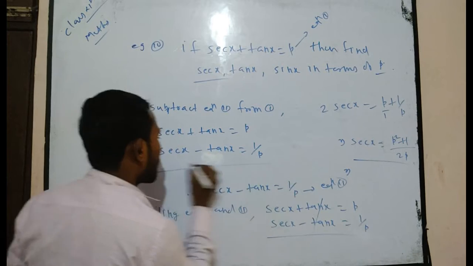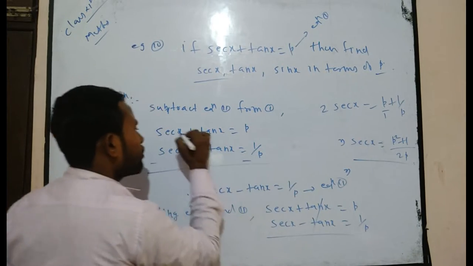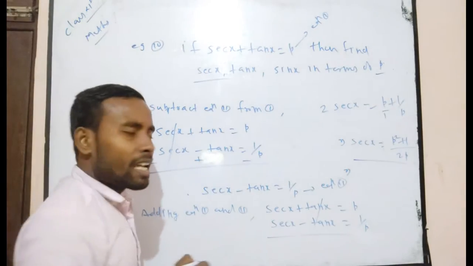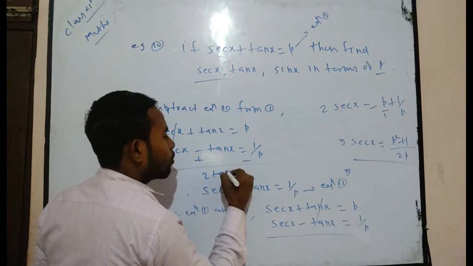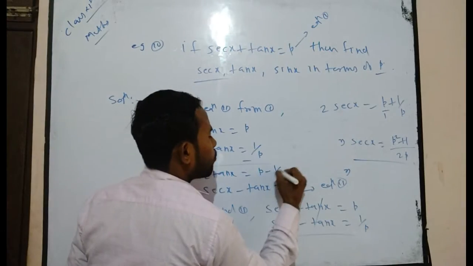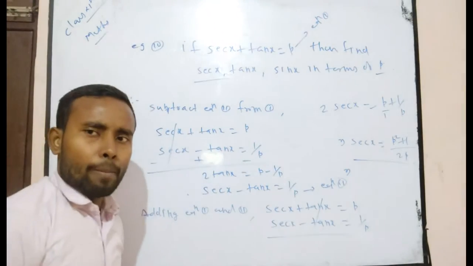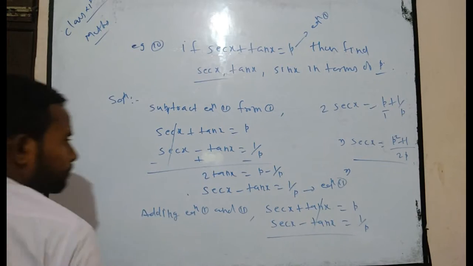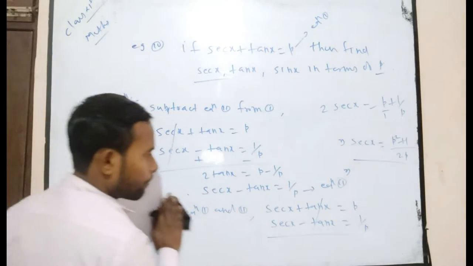If you subtract, then definitely you change its sign. Then sec x cancels here, and 2 tan x will be p minus 1 upon p.